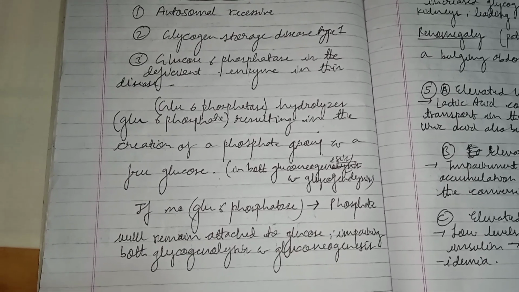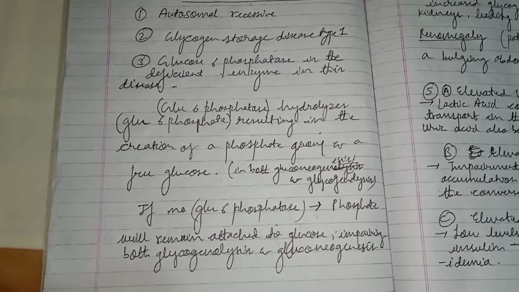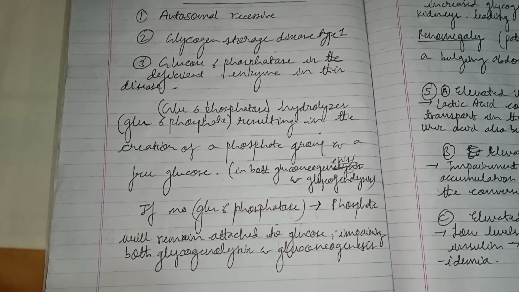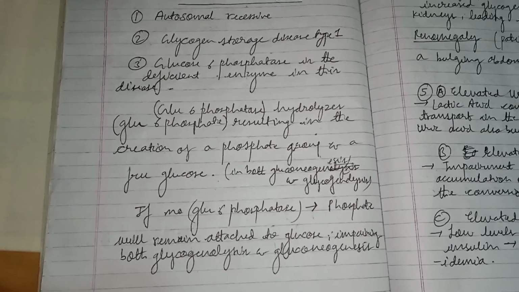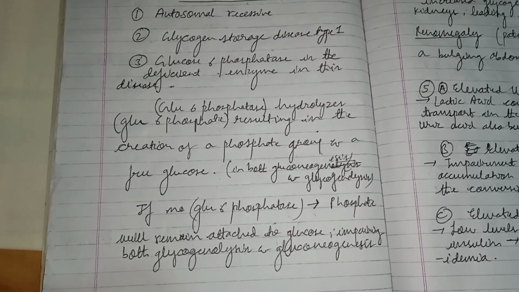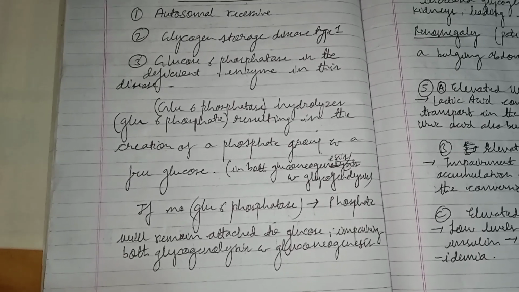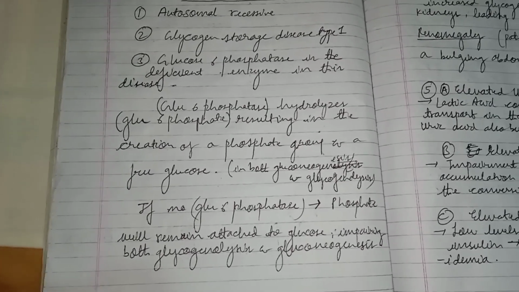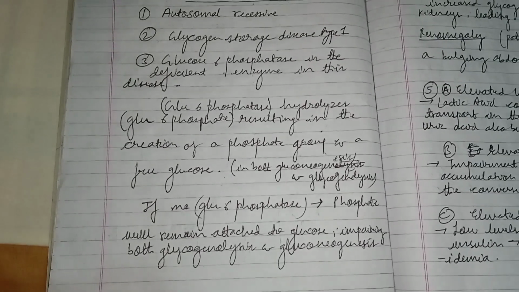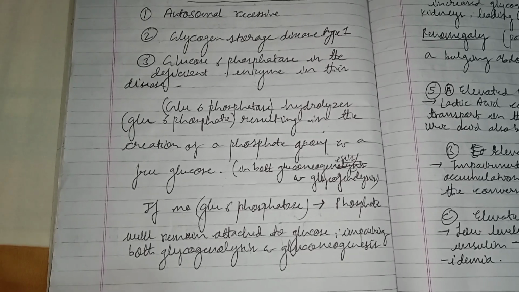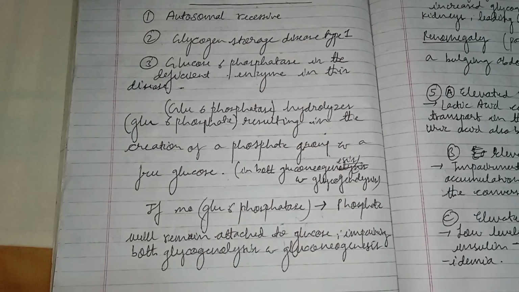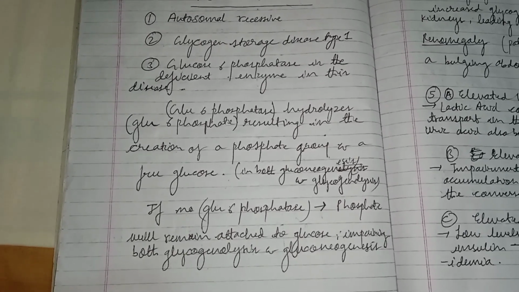So let's continue. If there is no glucose 6 phosphatase enzyme present, then phosphate will remain attached to glucose, impairing both gluconeogenesis as well as glycogenolysis. Means in these two processes, if the glucose 6 phosphatase enzyme is absent, the whole processes will be ruined, isn't it?